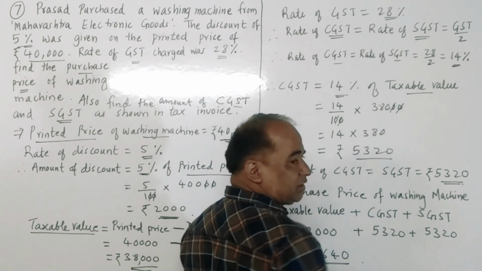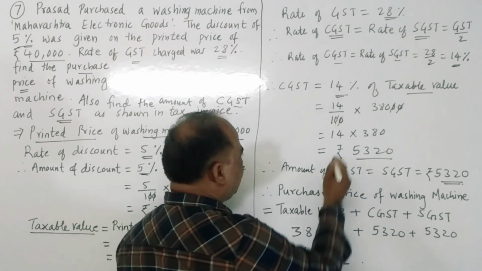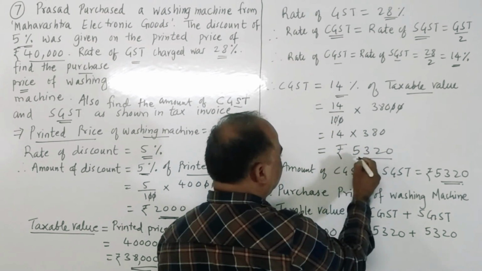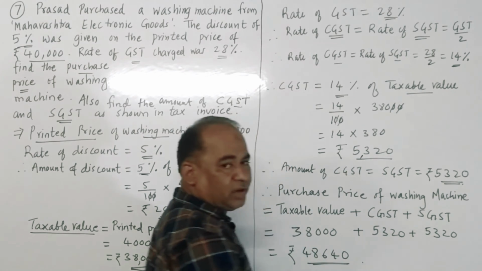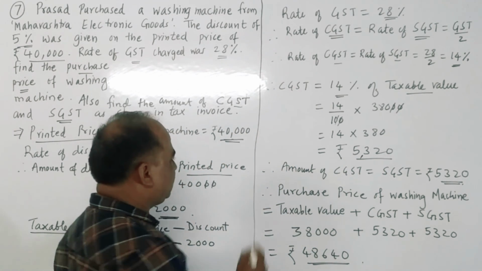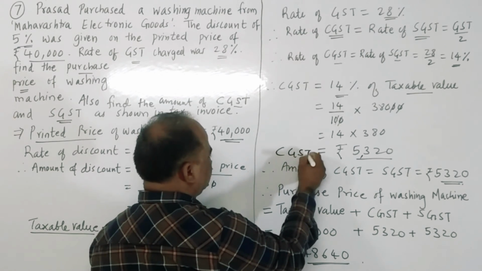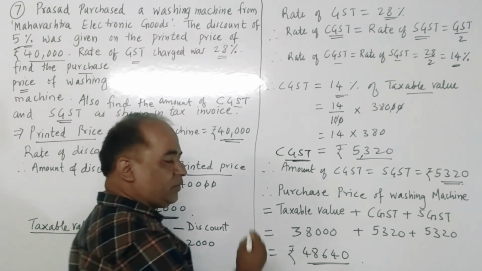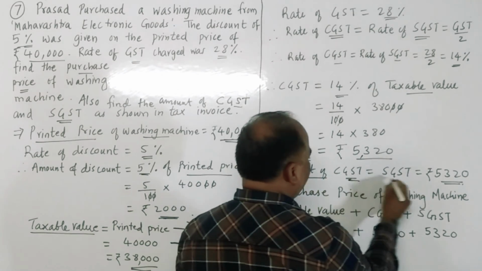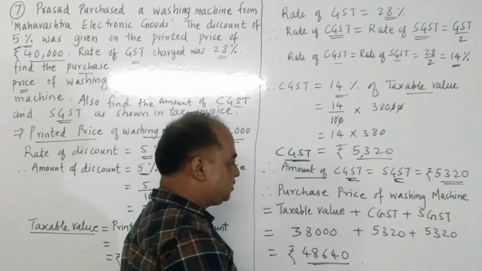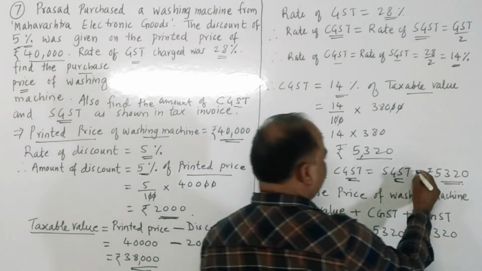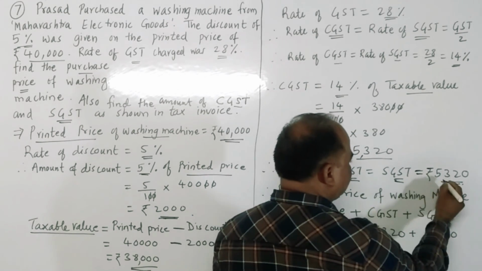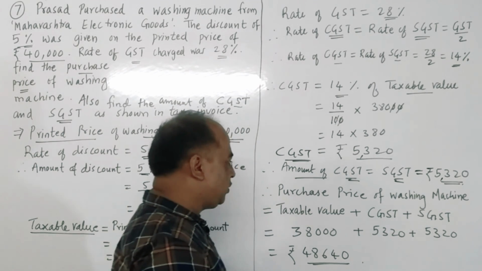So 2 zeros cancel, then 14 into 380 is equal to 5,320 rupees, the CGST. The amount of CGST and SGST is equal, so both are 5,320 rupees.